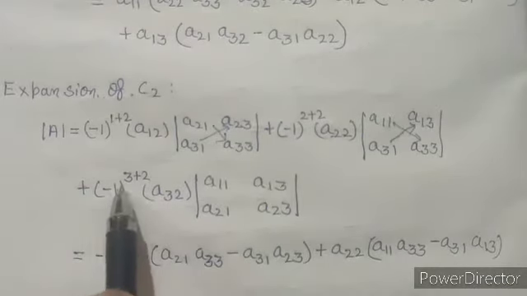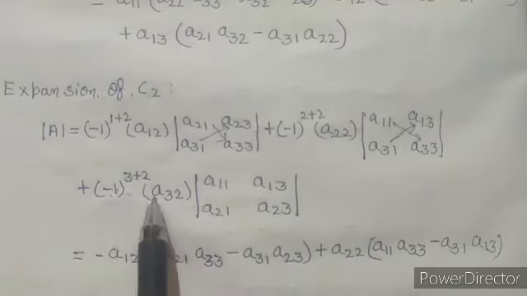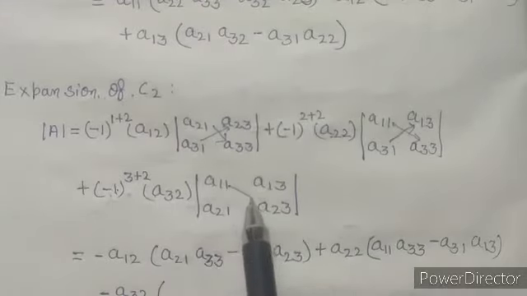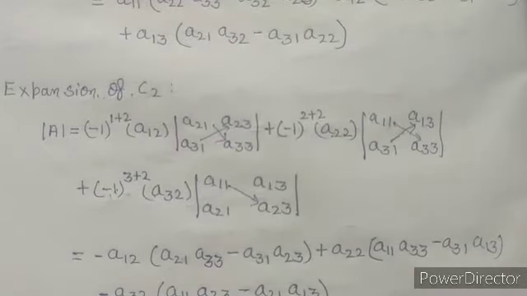Now -1 raised to power 3 plus 2 will be -1 raised to power 5, and that will give us -1. -1 into A32 will be equal to minus A32 into determinant of this one will be A11 into A23 minus A21 into A13.